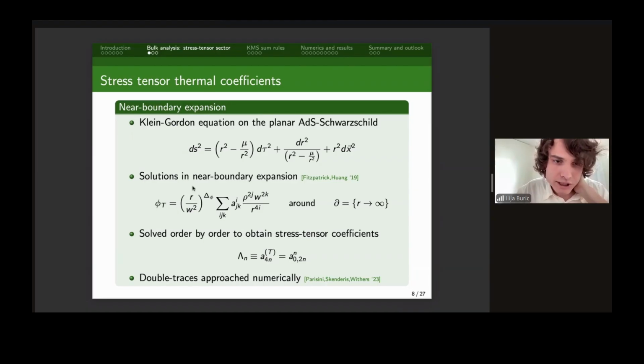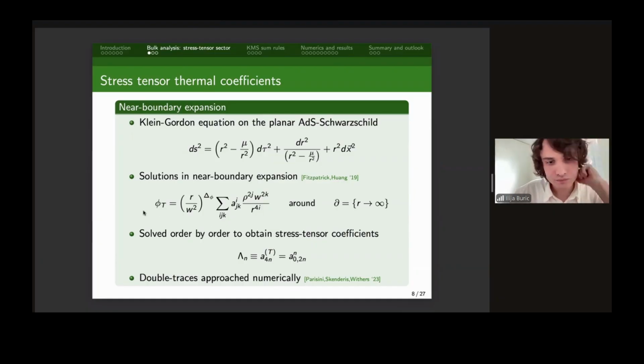And if you write the Klein-Gordon equation on this background, it turns out that you can perturbatively solve the equation in the ansatz of this form. So these R, W, and rho are some other coordinates, combinations of my original coordinates. And when R goes to infinity, that is the boundary. And so this is kind of a near boundary expansion. The coefficients ijk go in a certain range, but i starts from 0, so i is controlling this expansion, let's say.